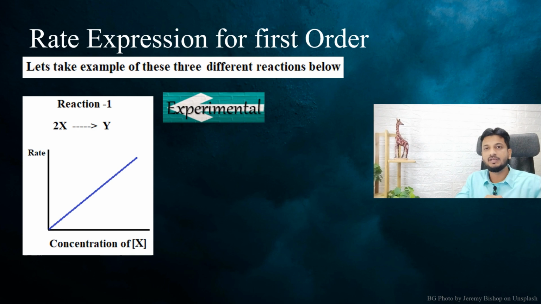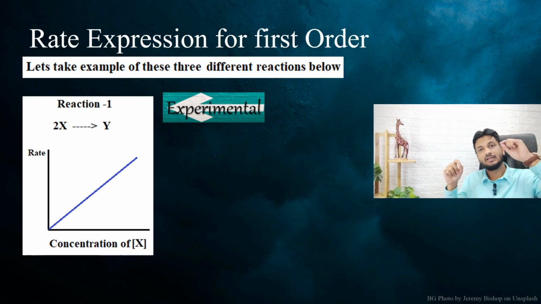Now in this example, 2 moles of X is giving Y, but when an experiment was done and the graph was plotted between rate and concentration, the result of the experiment was a straight line graph. So what does this mean?